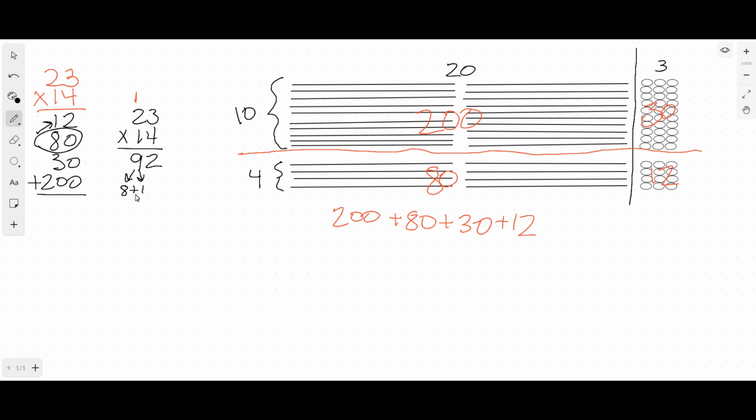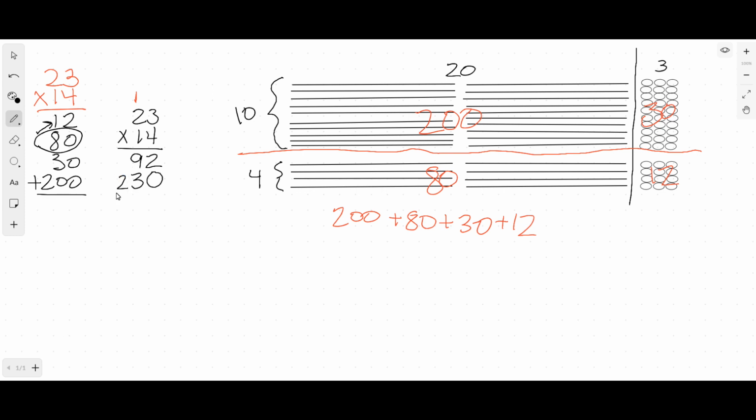And then I would do, let me erase that part so it's not confusing, the 1 times 3. Well, first I had to put down a 0 because I've moved over a place value, because it's not just 1 times 3, it's 10 times 3. So 1 times 3 gives me a 3, there's that 30. And then a 1 times 2 gives me a 2 in this place value.